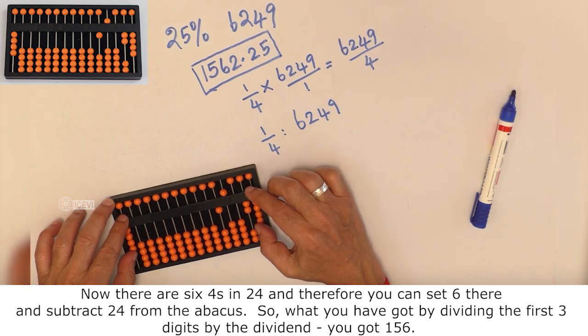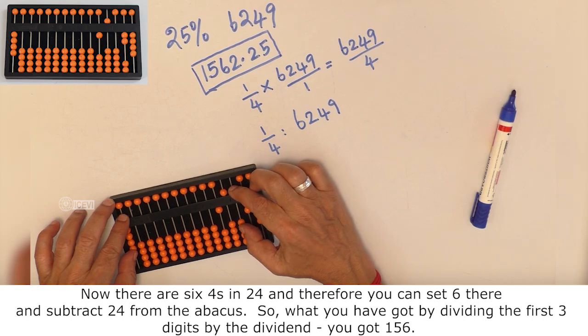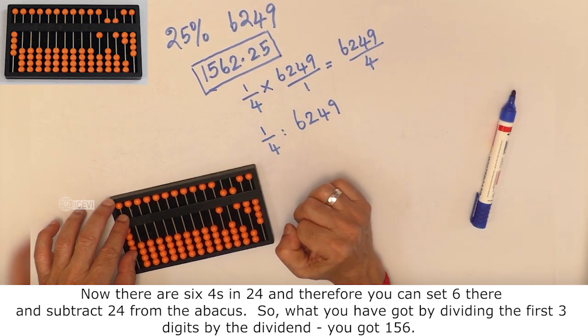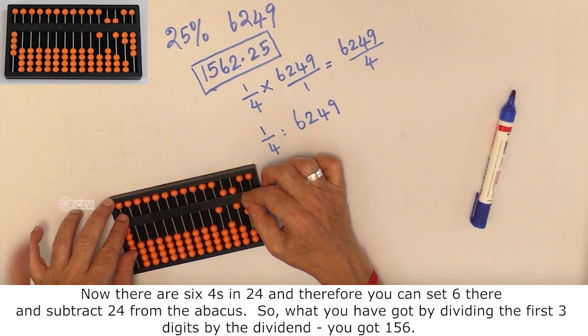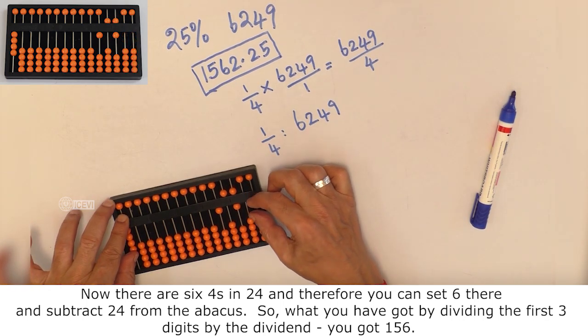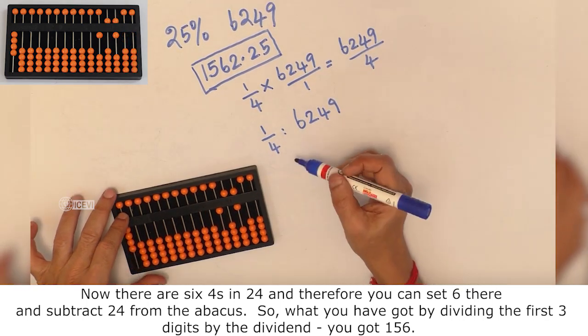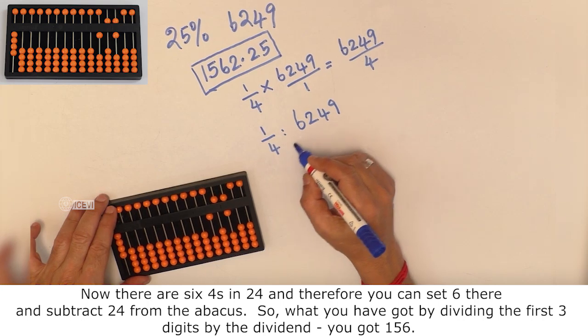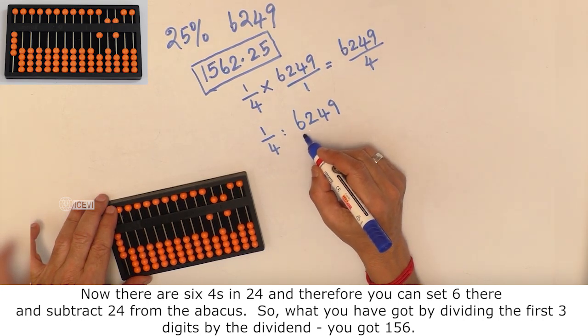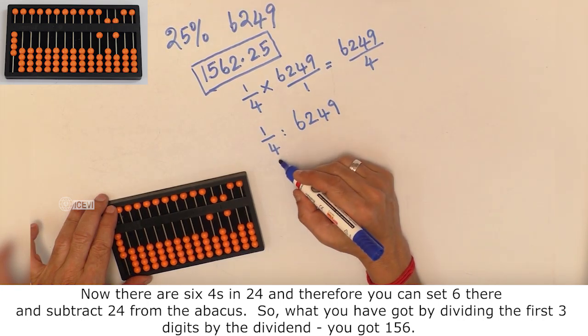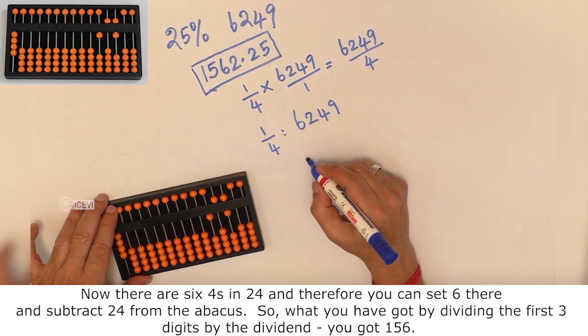Now there are 6 fours in 24 and therefore you can set 6 there and subtract 24 from the abacus.